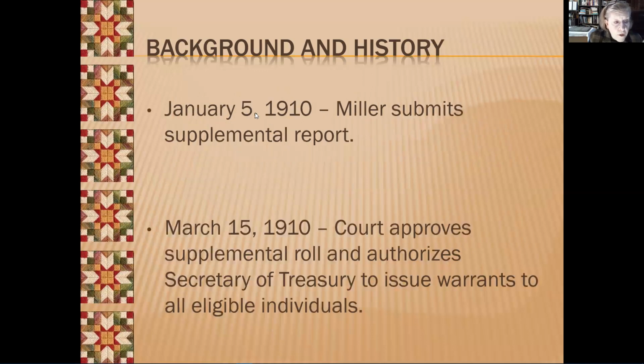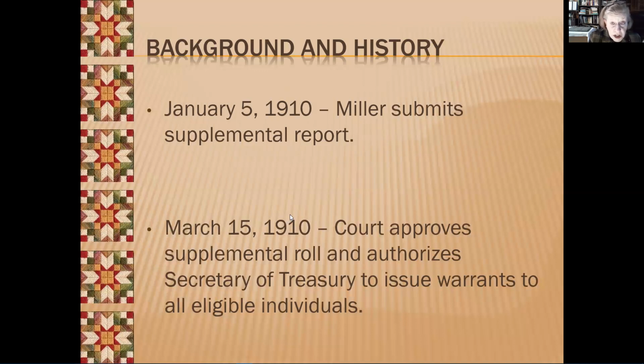So January the 5th, 1910, Miller submits the supplemental report of people who didn't meet the deadline, and the court does approve those. And so here it is, 1910, and this whole process started in 1893.